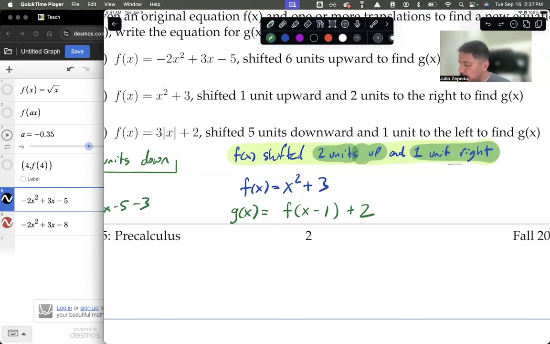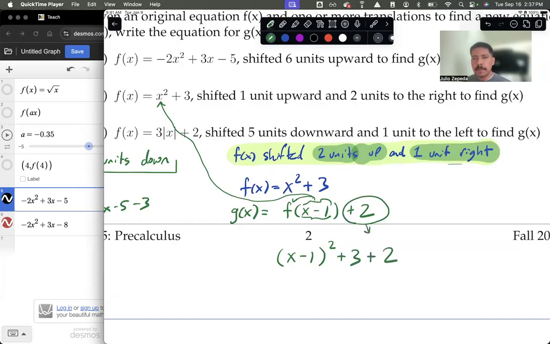So if we plug x minus 1 into this function f of x, then this is going to be x minus 1 squared, plus our 3. And then the plus 2, we apply to the outside of the function. So we'll put plus 2. This is my g of x function.